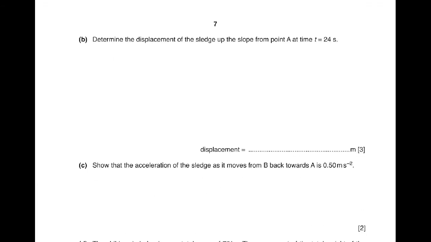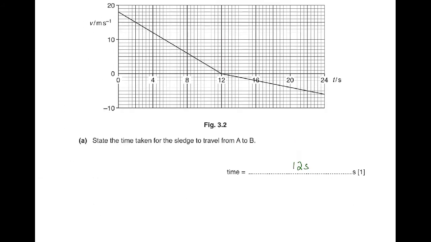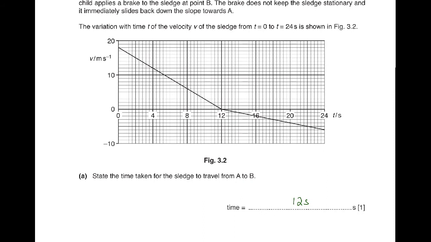Determine the displacement of the sledge up the slope from the point A at t equals 24 seconds. Let's go back to the graph and see what we can work out. If we look at the area under this triangle here, that will tell us how far she went sliding from A to B. So it will tell us the distance from A to B. So let's work out this area then.